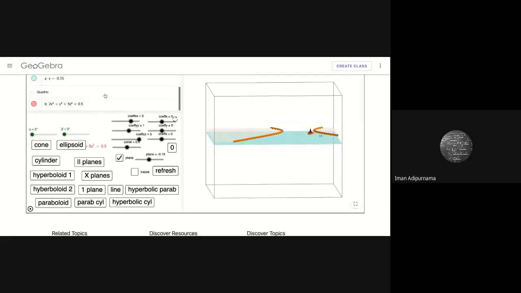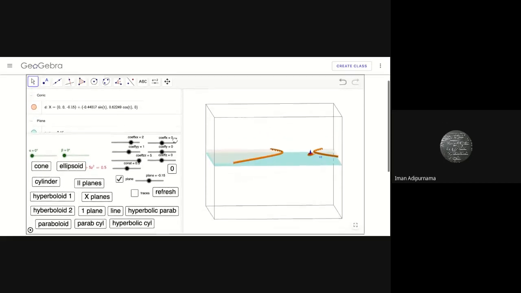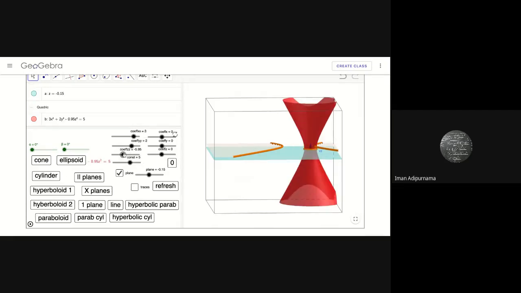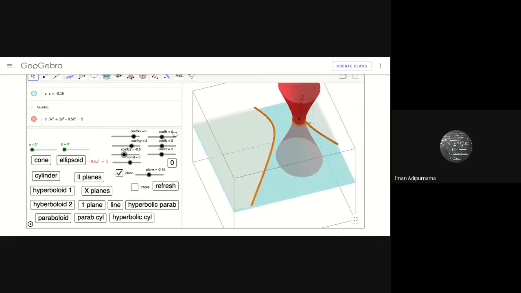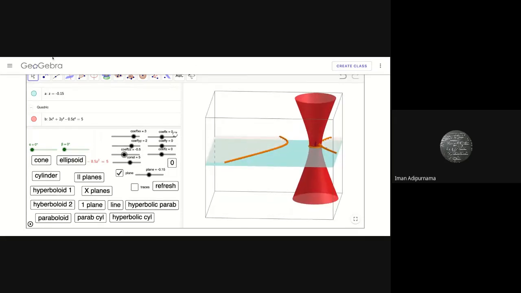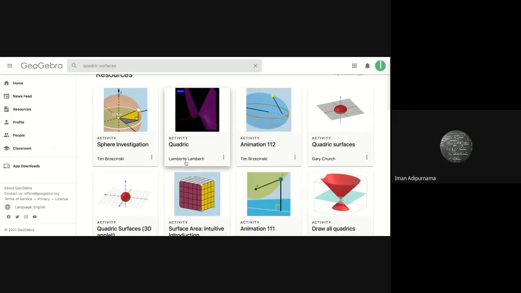You can also change the information in these equations. Let's see other resources so that you can have some idea.